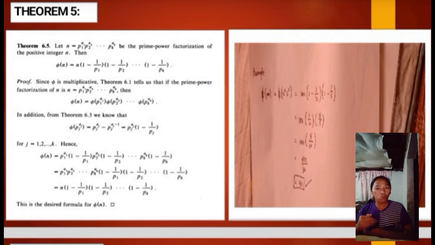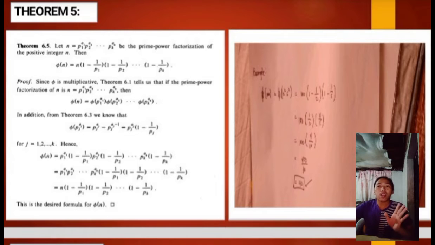This is equal to p sub 1 raised to a sub 1, p sub 2 raised to a sub 2, all the way to p sub k raised to a sub k, times (1 minus 1 over p sub 1) multiplied by (1 minus 1 over p sub 2), all the way to (1 minus 1 over p sub k), which is equal to n times (1 minus 1 over p sub 1) multiplied by (1 minus 1 over p sub 2), all the way to (1 minus 1 over p sub k).